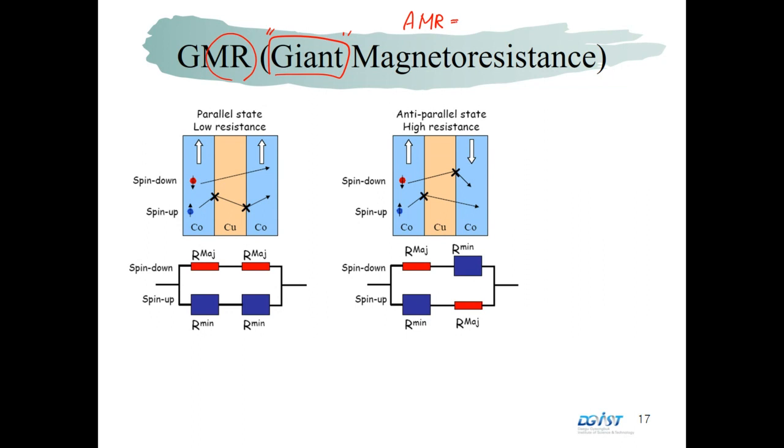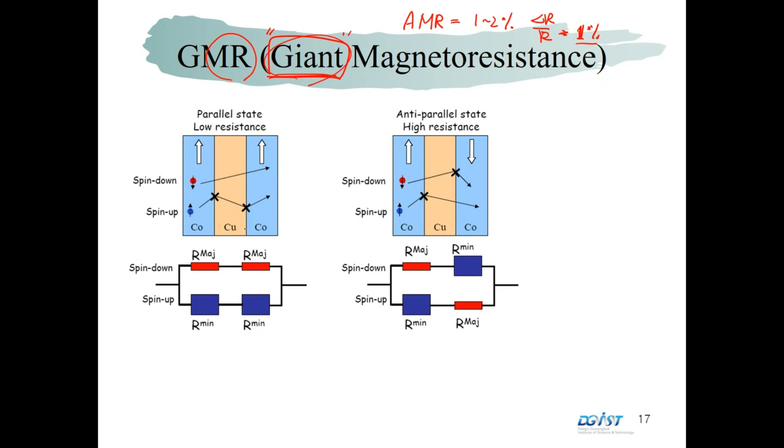AMR is on the order of 1 or 2%, meaning the resistance change is around 1%. 1% is not that large, but still it is good enough for some sensors or devices. But if the MR is larger, it's better. So the GMR means some kind of MR with a very large amount.